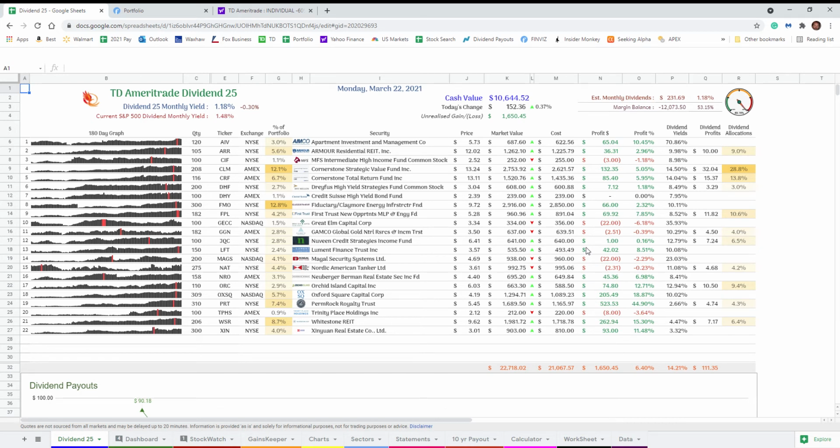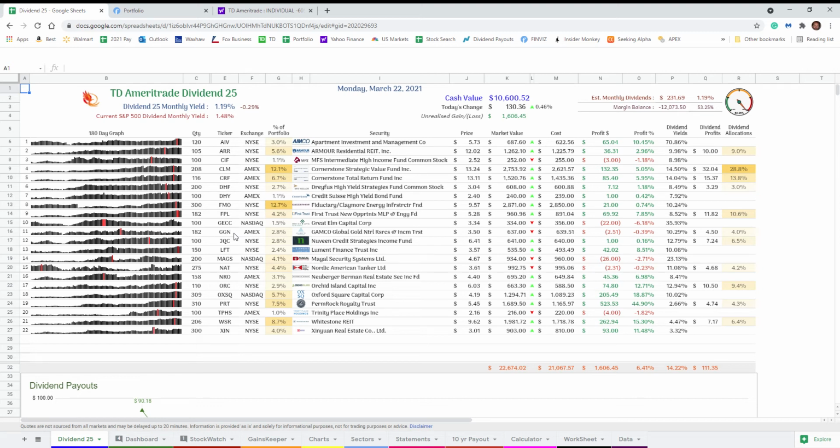That's going to be a little bit safer for me. Now, today I did add some more stocks. I added 11 stocks to CRF, and the other one was GGN. I added 17 to this one.